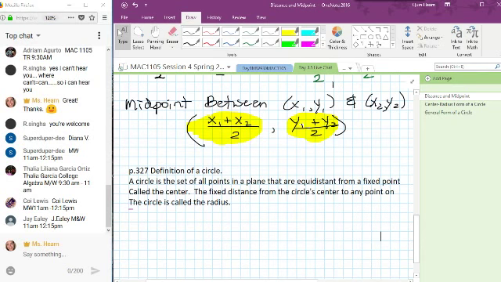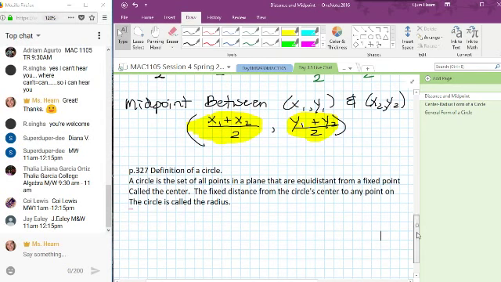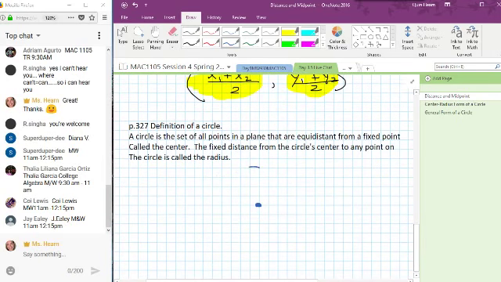But let's think about what a circle is. A circle revolves around one point called the center. And of course, it's hard to draw it freehand. Let me cheat a little bit here. All right, so here's a circle.